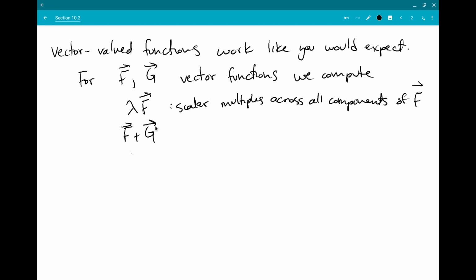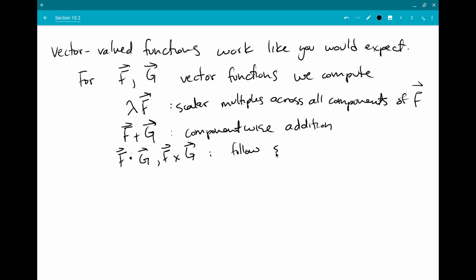The sum between the two vector-valued functions goes component-wise, just like you saw with regular vectors that weren't functions before. And then our vector multiplication operations, the cross and dot product, follow the same formulas as before.